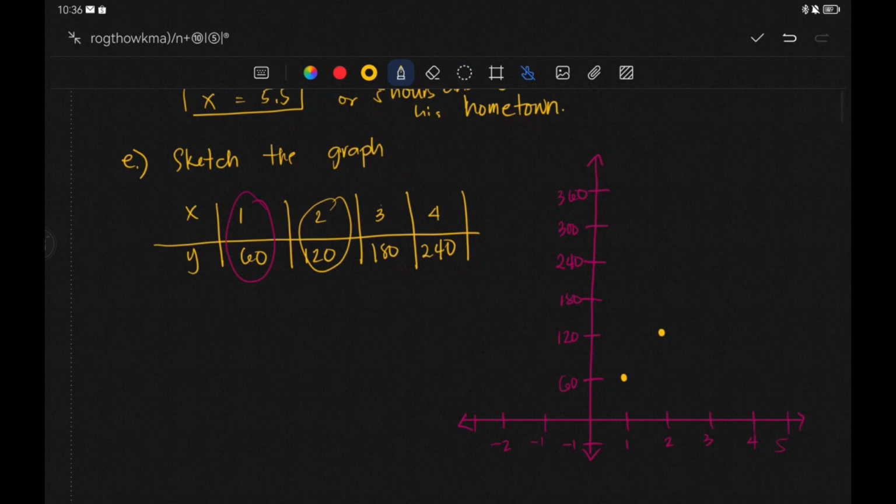Next is 3 and 180. So 3 and 180 is here. The last one we have 4 and 240. So 4 and 240 is here.